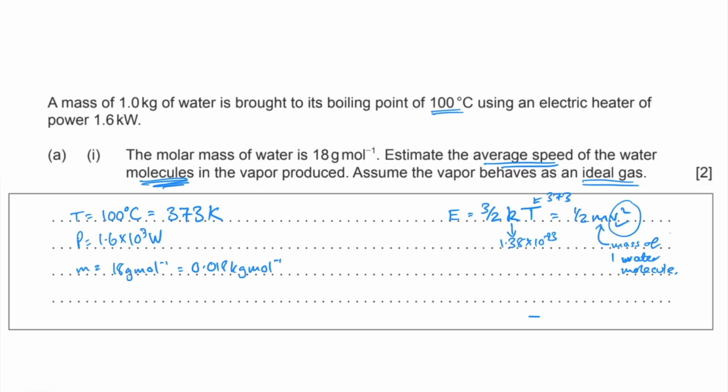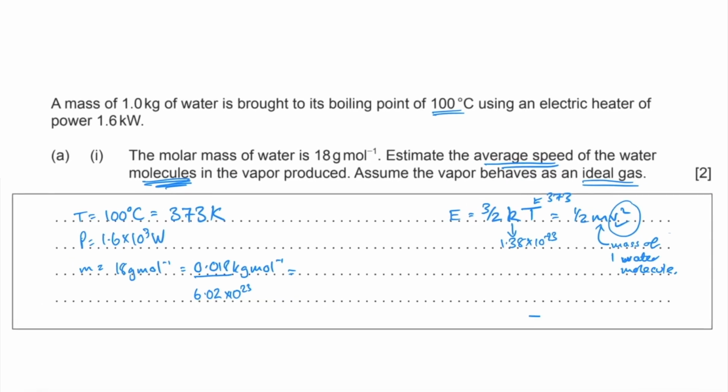Well, we know that 1 mole of water equals 0.018 kilograms, and in 1 mole of water there are 6.02 times 10 to the 23 molecules, because that's Avogadro's constant. So we can work out that the mass of one molecule of water is 0.018 divided by Avogadro's constant, which is 3 times 10 to the minus 26 kilograms. And that makes sense.